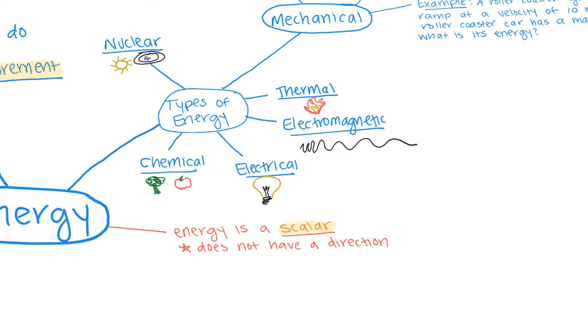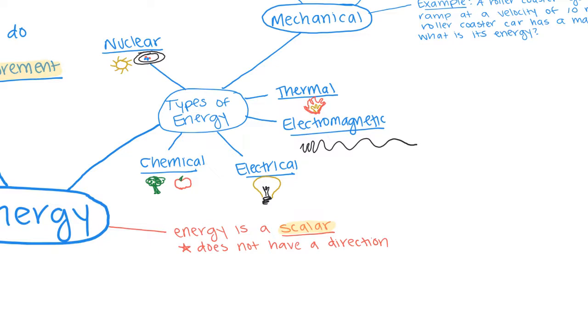All right. And then we also have nuclear energy. Nuclear energy would be examples of the sun. The atoms in the sun are constantly colliding, and there's a lot of nuclear energy there. There's also nuclear energy in atoms around us.